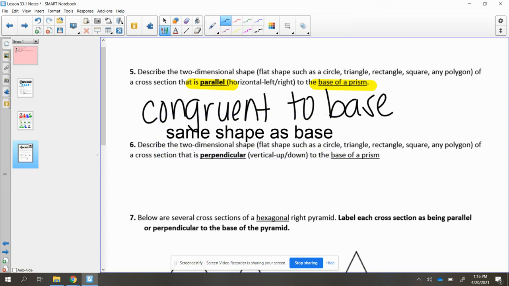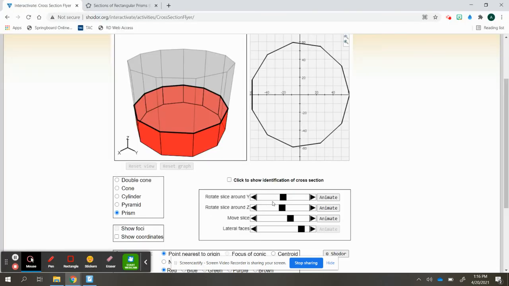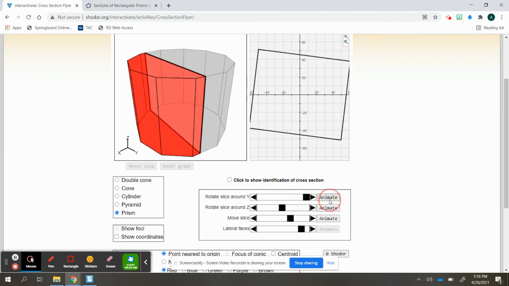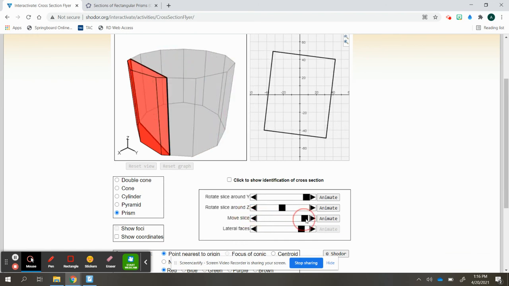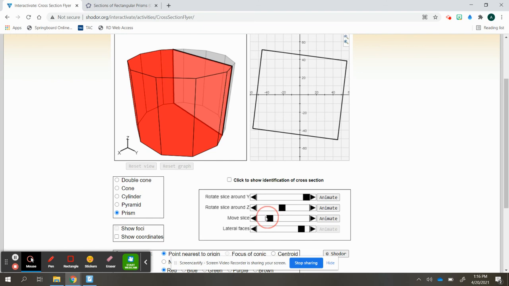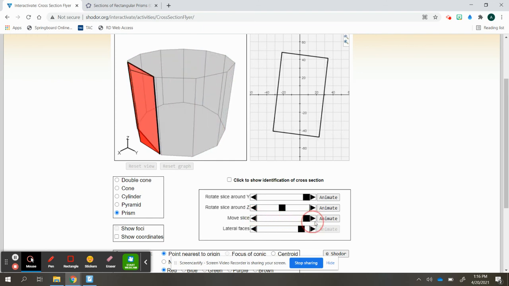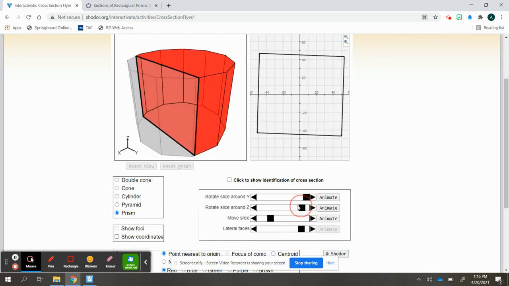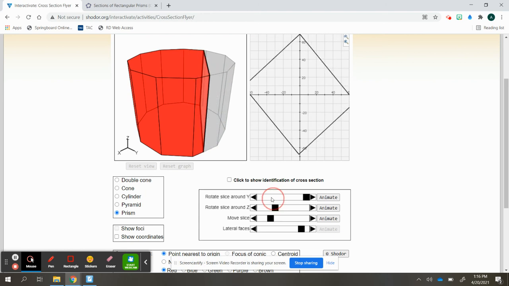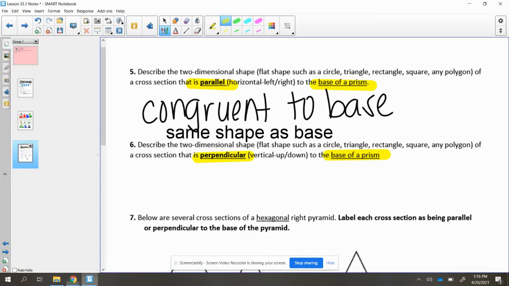Versus when something is perpendicular to the base, that's when we're flipping this around. So if we're going perpendicular, we're going up and down, and that's not the same direction as the base. Notice on this one, no matter where we slice it, this is consistently a rectangle, either a square or a rectangle, depending, and we can rotate this around, still perpendicular to the base, and we see it's still a rectangular shape.